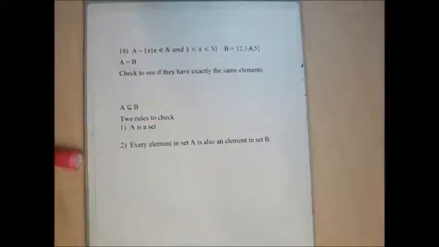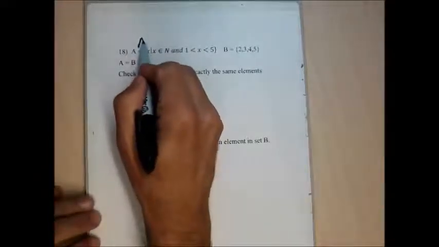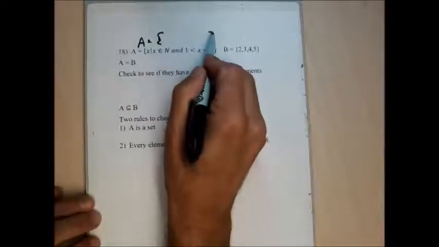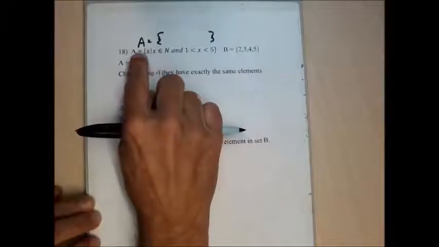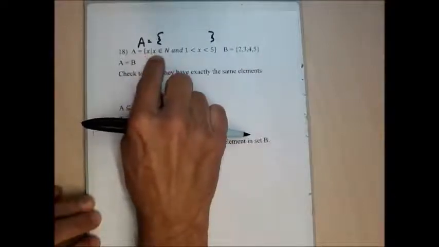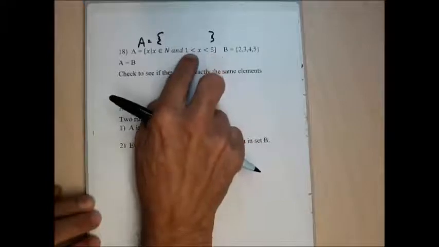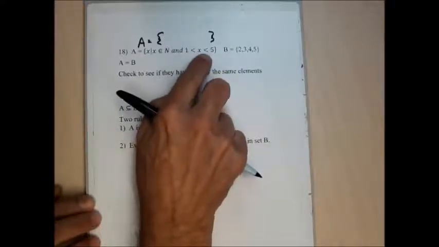Problem 18 asks me to check the same 5 relations between A and B. But it gives me A in set builder notation. Let me rewrite A in roster form. It says A is a set of natural numbers between 1 and 5, not including 1 and 5 because there isn't an "or equal to" on either one of these inequalities.